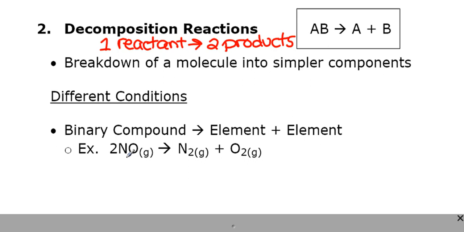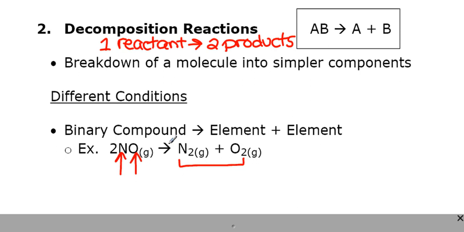When it decomposes, it's going to break apart into nitrogen gas and oxygen gas. If you look here, there's two elements in that binary compound, nitrogen and oxygen. So if they're going to be stable on their own, they have to take on their most stable configurations over here. It wouldn't just be nitrogen and oxygen as single elements. We know those ones are diatomic.